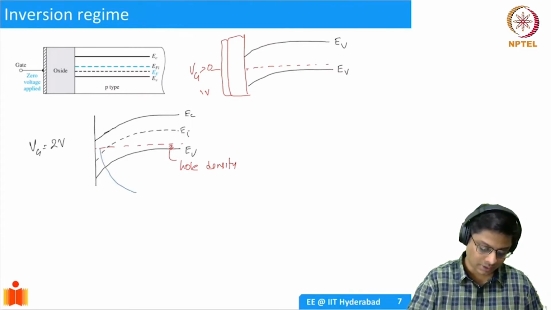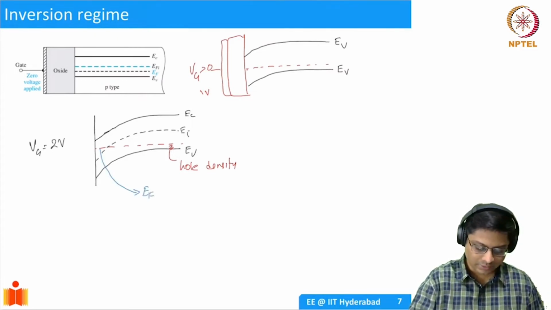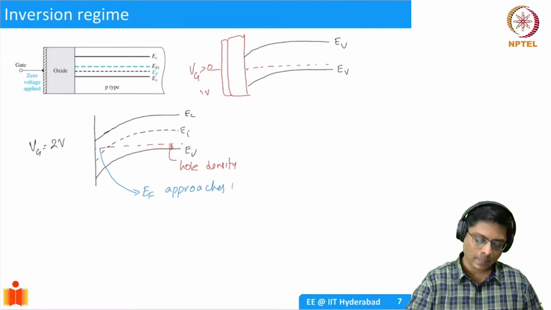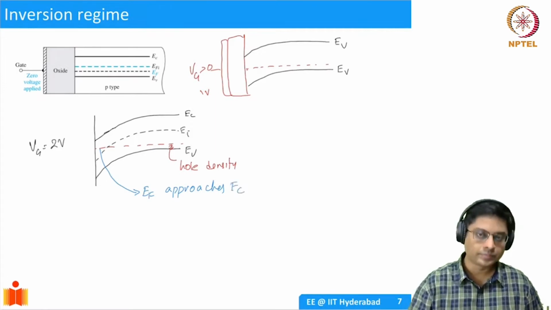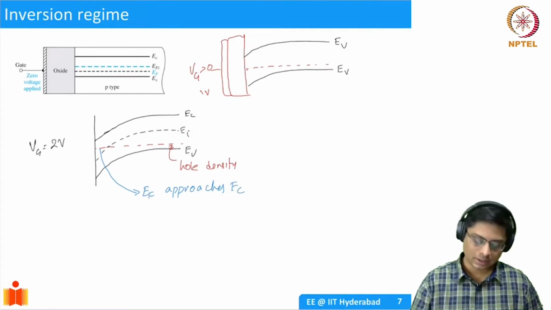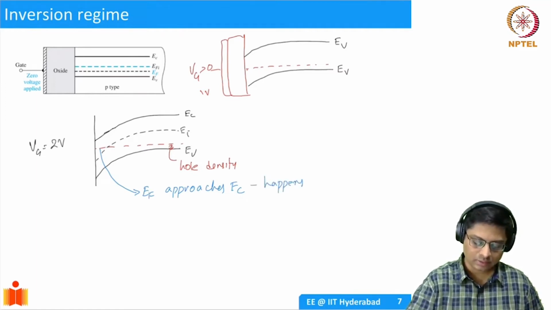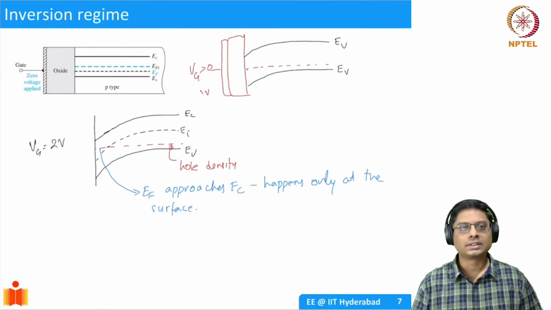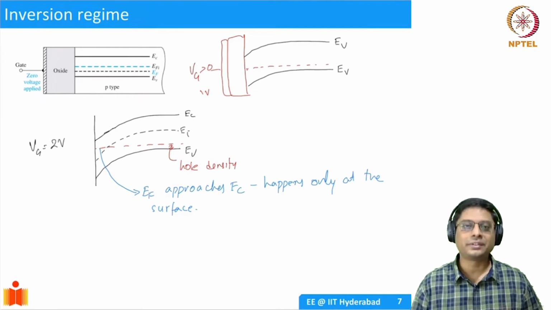So here EF approaches EC, and this happens only at the surface. This is what is classically referred to as the field effect.